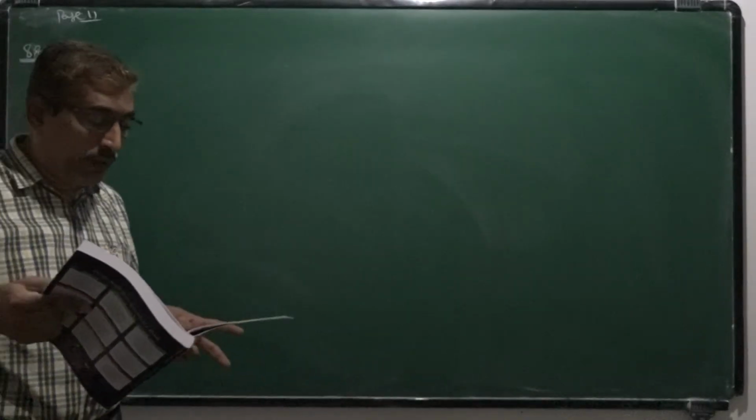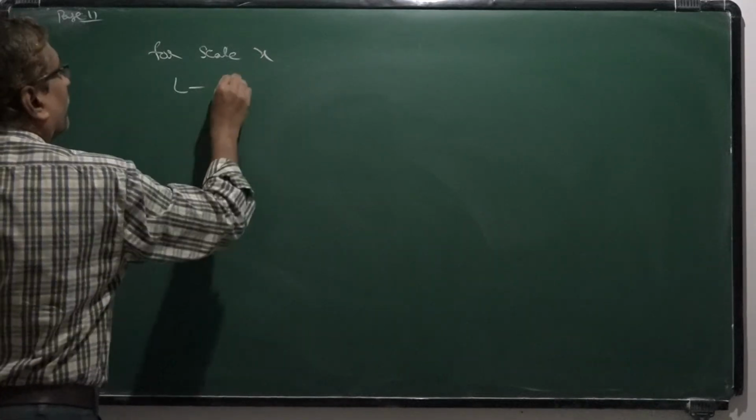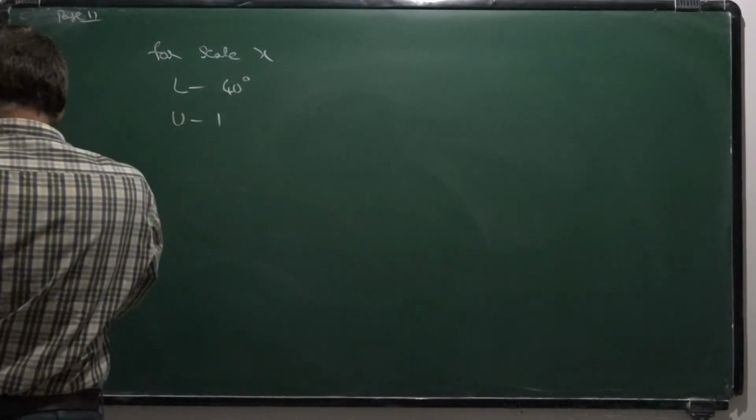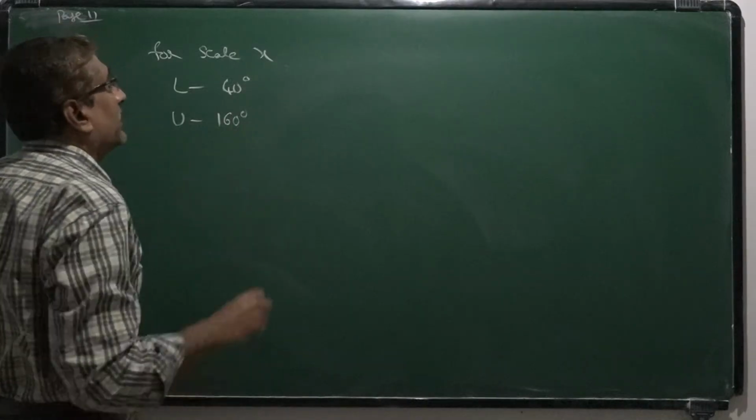Okay. So here in a scale of temperature X, the ice point is 40, steam point is 160. So for scale X, LFP is 40, UFP is 160. Okay, this is for one scale.